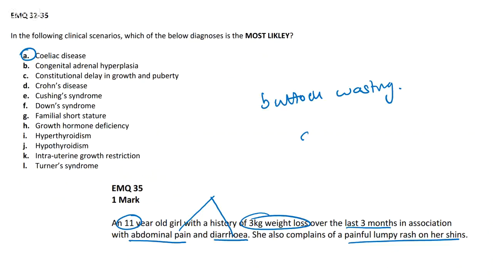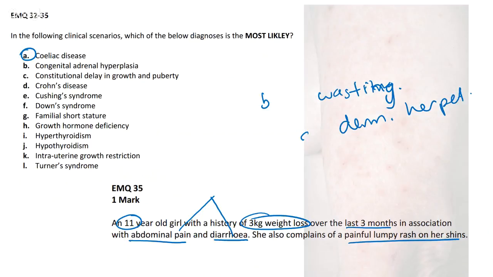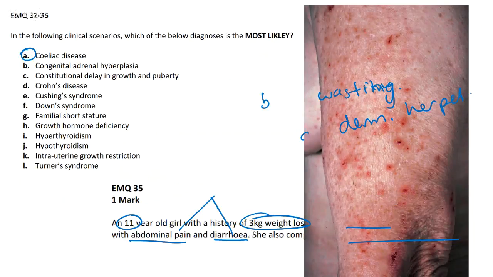She has wasting, regardless, and she has dermatitis herpetiformis. The reason for that is because it's a painful lumpy rash. So if you have a look here, this is how dermatitis herpetiformis presents, and that's what you need to know. So the answer to this is likely celiac.